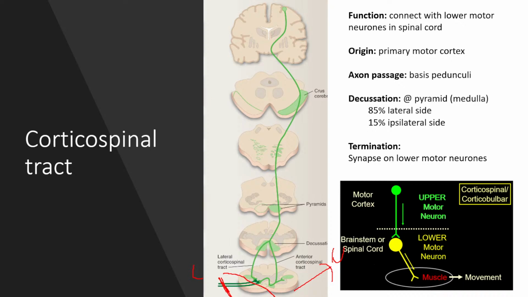If we do damage to the lower motor neuron, we get a lower motor neuron lesion. If we do damage to the motor cortex, we get an upper motor neuron lesion. And this is applying to both the corticospinal and corticobulbar. Another term for this, by the way, is a pyramidal because it goes through the pyramids of the medulla. So it's a pyramidal pathway.